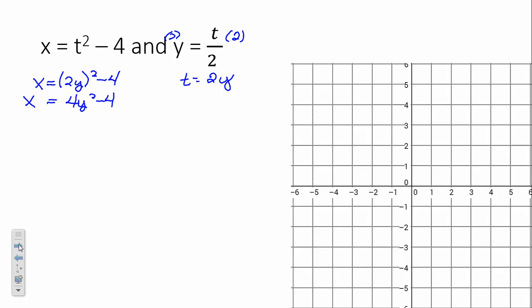Now we want to factor out that 4, right? Because we like to have y squared equals 4p times x plus something, right? So we'll factor our 4 out. And then 1/4 x will be equal to y squared minus 1.